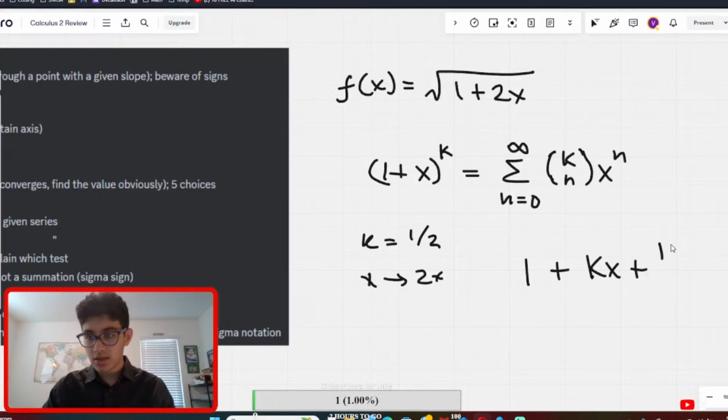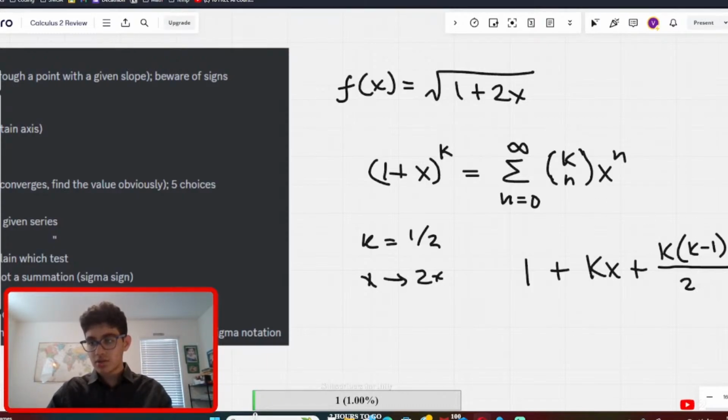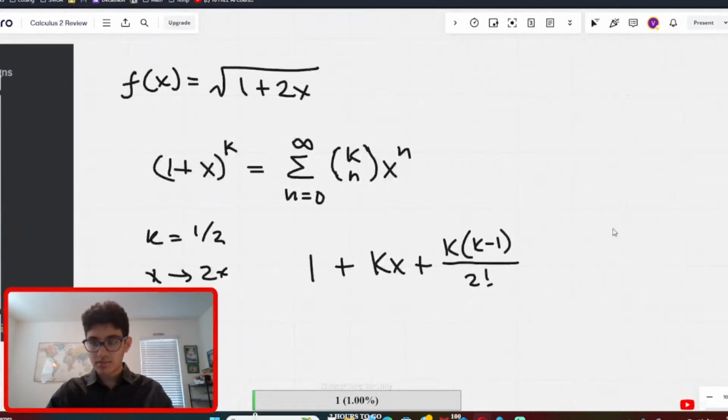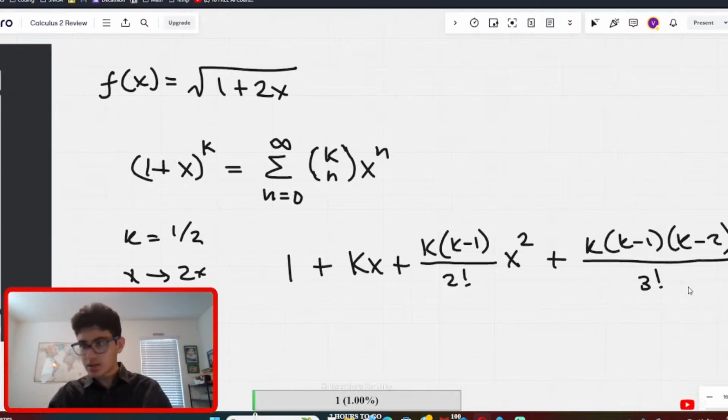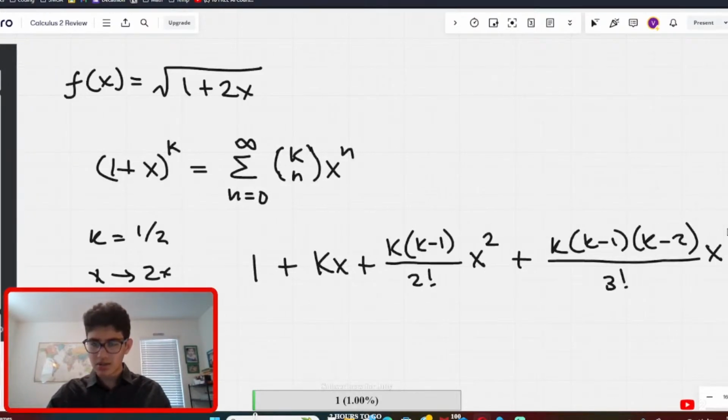Then you get k times k minus 1 over 2 factorial x squared, plus k times k minus 1 times k minus 2 over 3 factorial x cubed, and so on. That's how you write it.